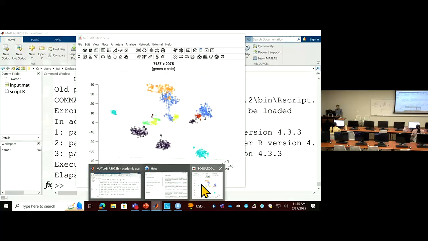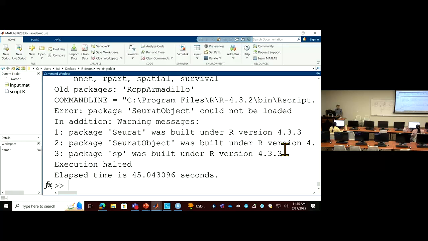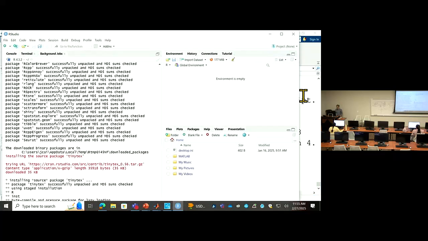I have a problem running this because of the incompatibility between the R version and the Surat package. So I have to solve it outside here in order to move forward.